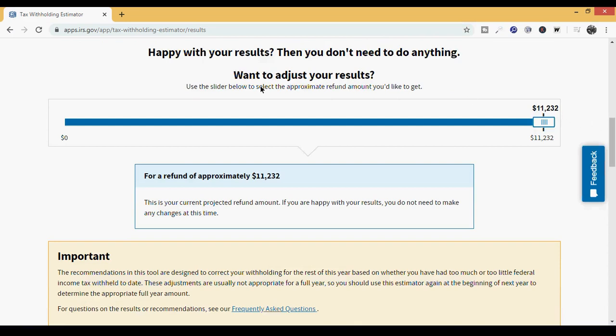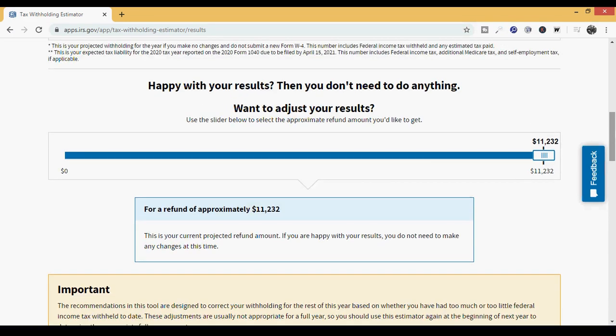Do you want to elaborate on this? Because I know you like to drive home the fact that we like to give people options. Yeah, we definitely like giving people options. The thing about the adjuster tool, you guys, the way this was designed, the IRS is pretty genius for this. If a person decides, you know what, I don't want an $11,000 refund, I want to get a portion of that money throughout the year and a portion at the end.